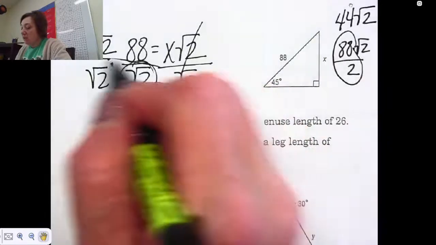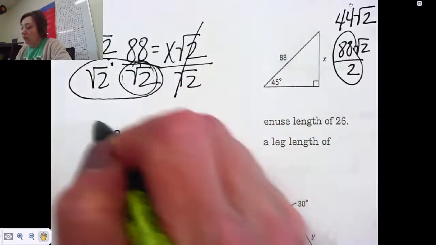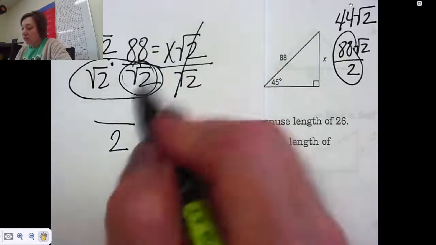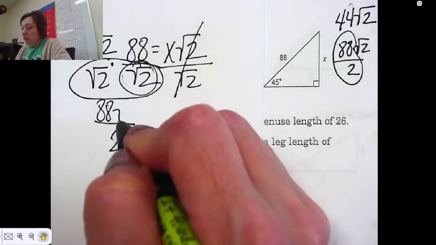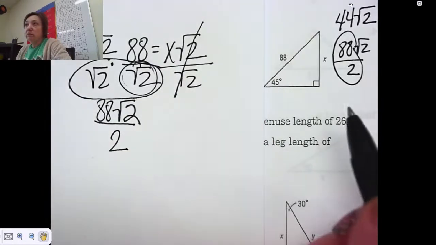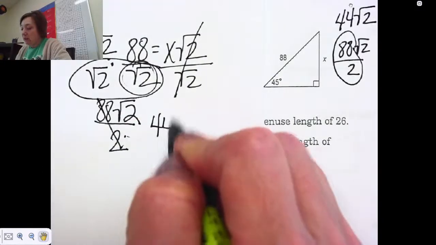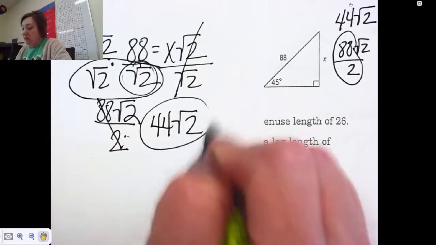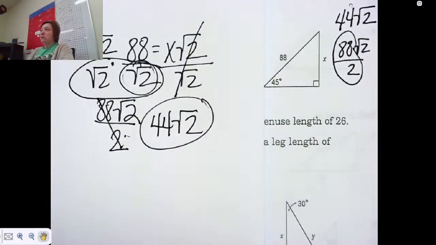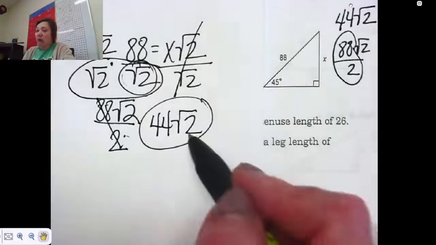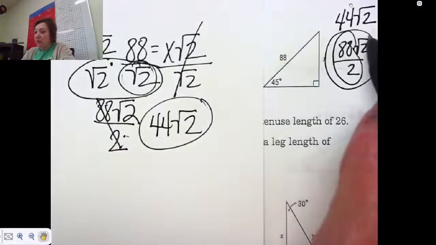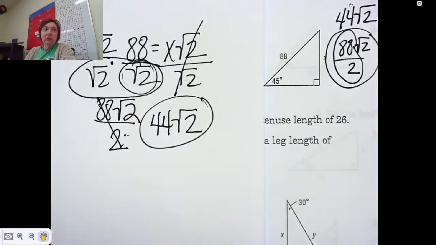And that's going to give me 2 on the bottom, 88 times the square root of 2 on top. 2 goes into 88 and leaves us with 44 square roots of 2. So y'all see how that works, okay? So those of you who have already figured out the shortcut to this can totally do that. That's totally okay, all right?